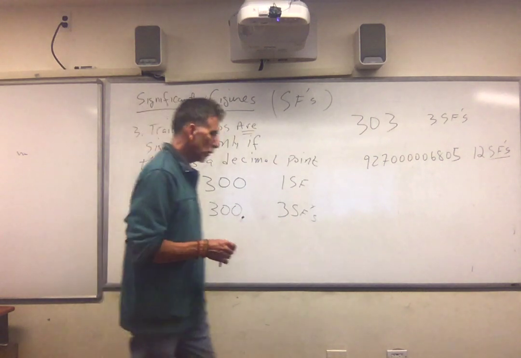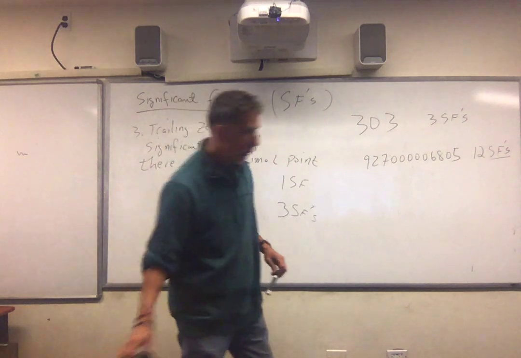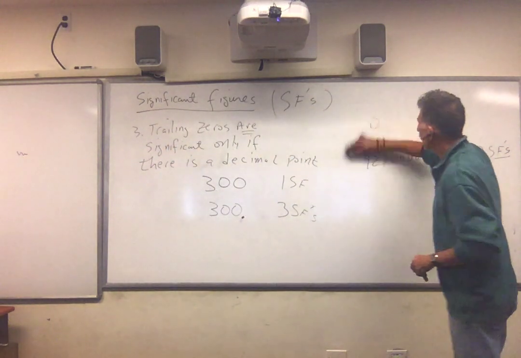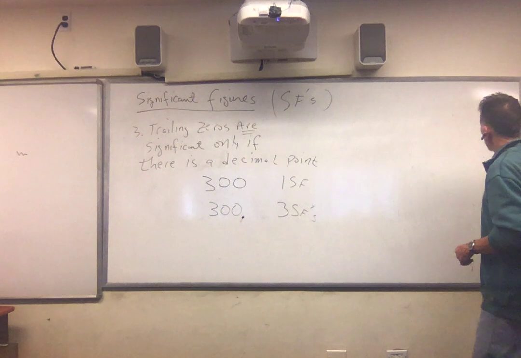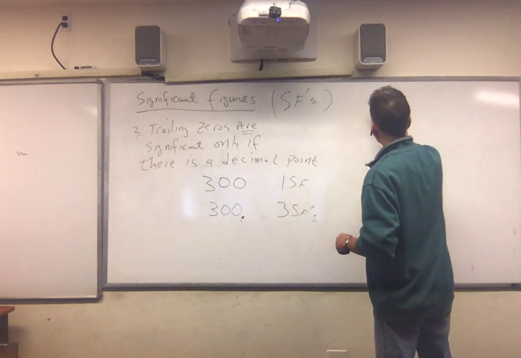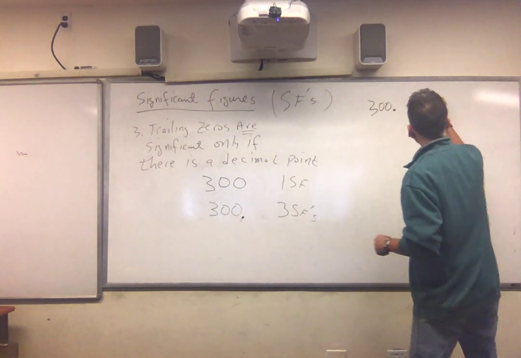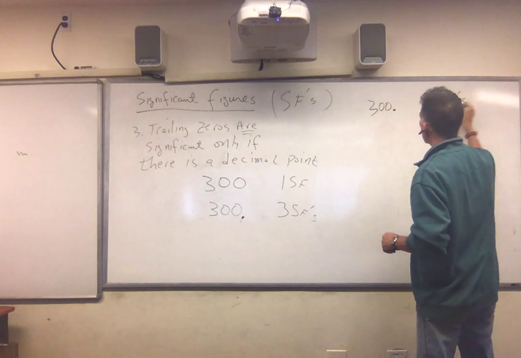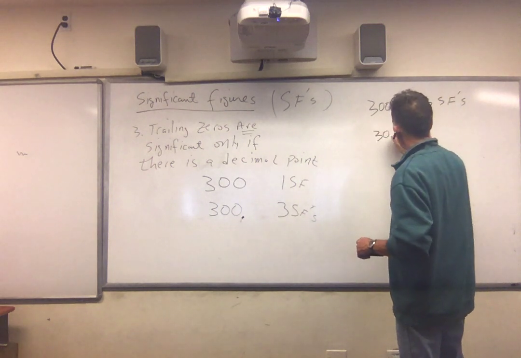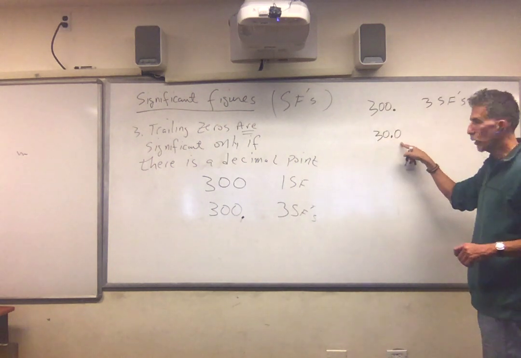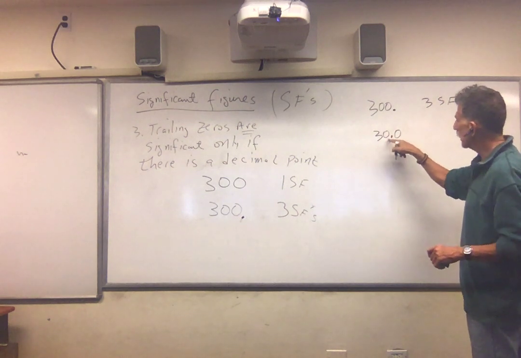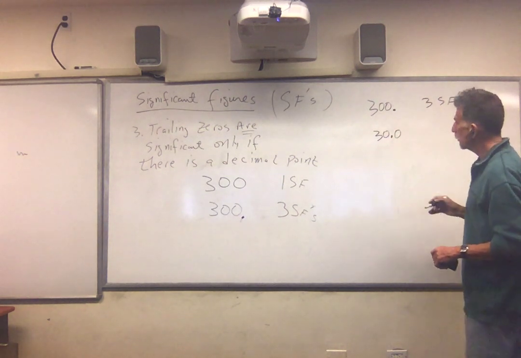I want you to note that the placement of the decimal does not affect the number of significant figures. So, let's come over here, rewrite this. We said 300 with the decimal has 3 significant figures. What if I write 30.0? Trailing 0 is significant. Okay, there's a decimal, so again, 3 significant figures.